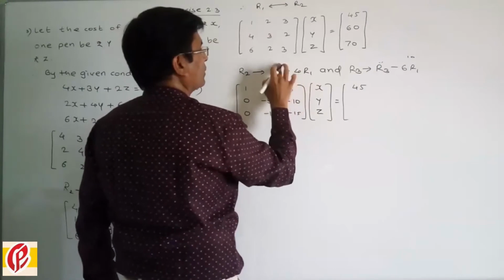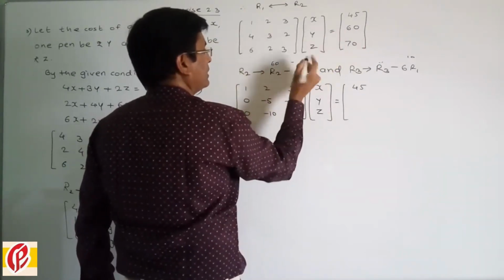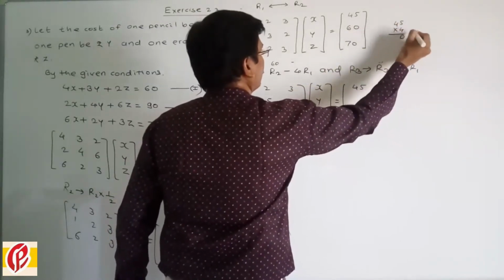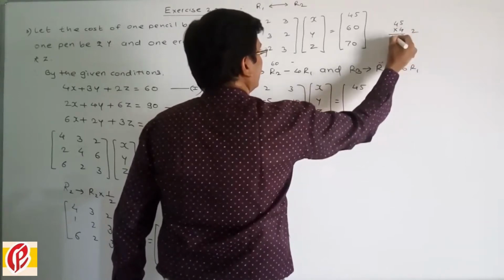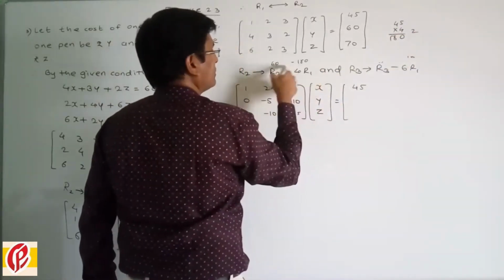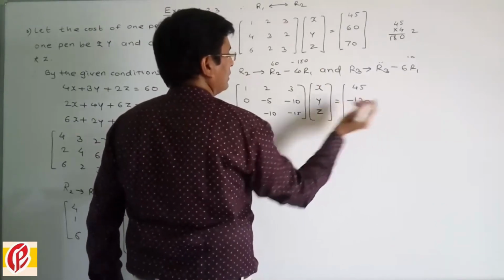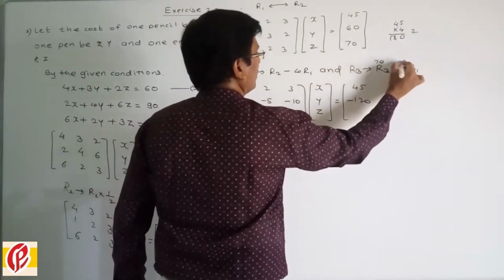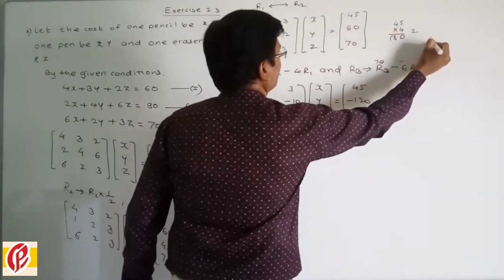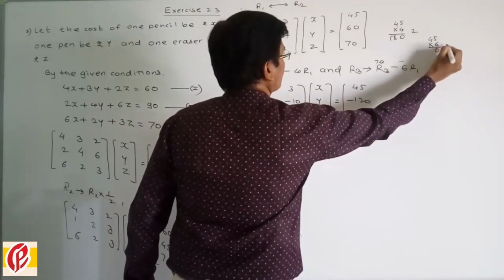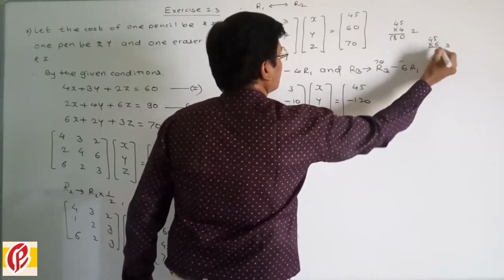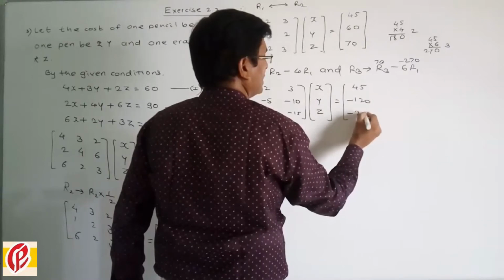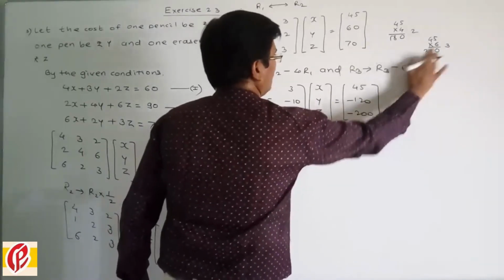Then for R2 minus 4 R1, here is 60 minus 4 times 45: 4 5s are 20, carry over 2, 4 4s are 16, 18, so 180. So 60 minus 180 is minus 120. Then here 70 minus 6 times 45: 6 5s are 30, 6 4s are 24 plus 3 is 27, so 270. So 70 minus 270 is minus 200. Okay.